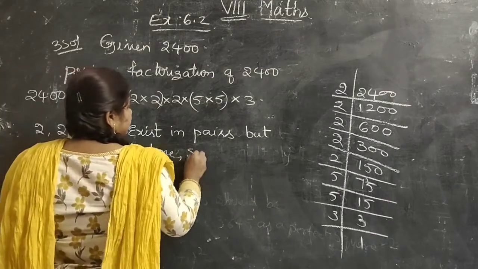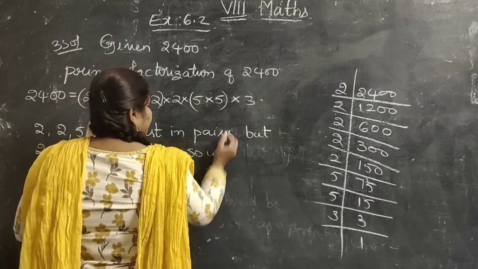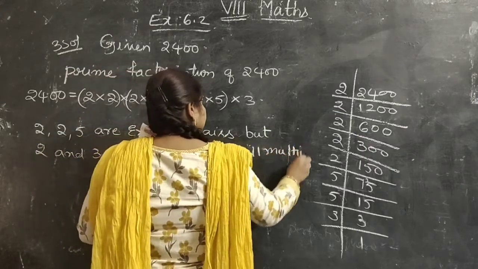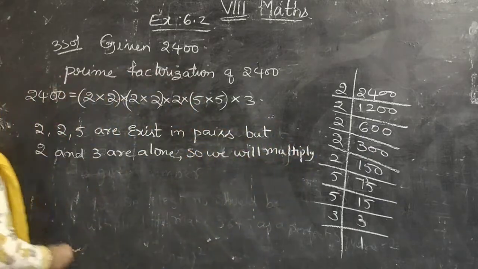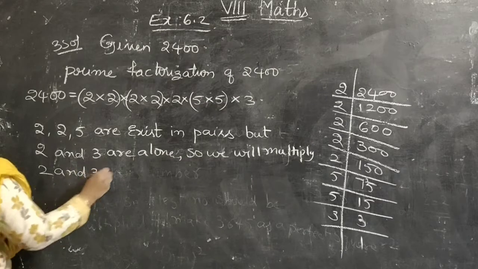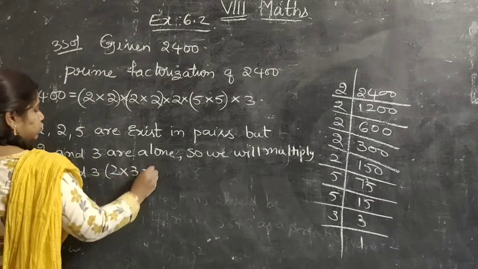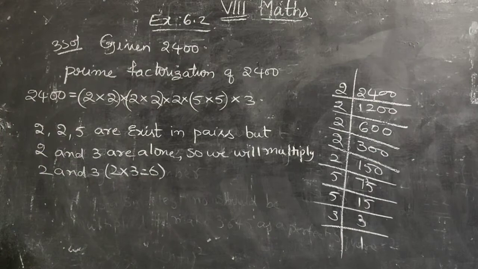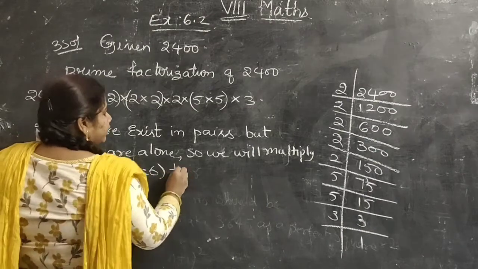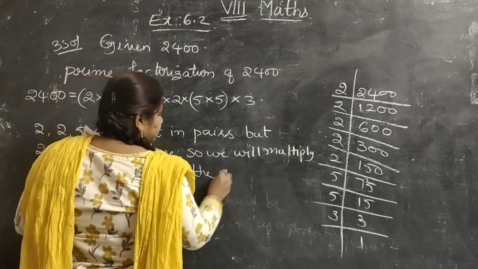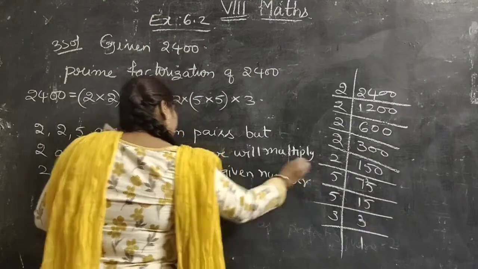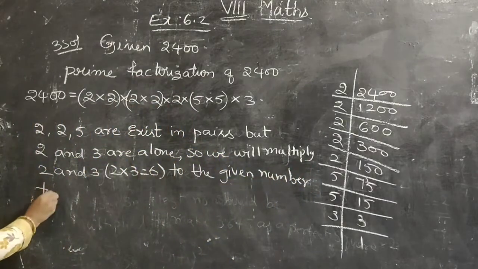So we will multiply 2 and 3. That means 2 into 3 is equal to 6. So we will multiply 6 to the given number to make it a perfect square.